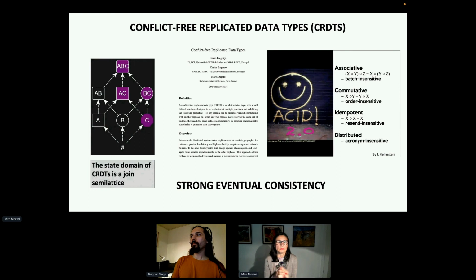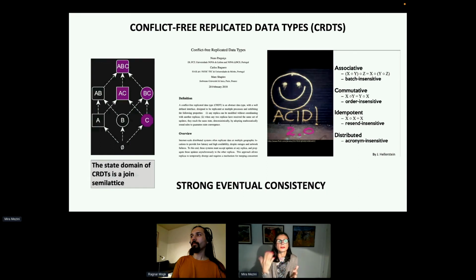They are probably known to many of you. These are specific implementations of data types such that the state domain of the data type constitutes a join semi-lattice. Basically, if I have diverging states, I can merge those without any synchronization because there exists a merge operator with certain mathematical properties.